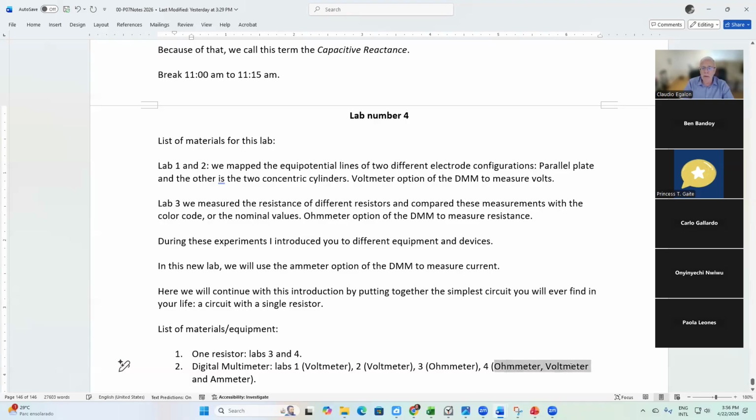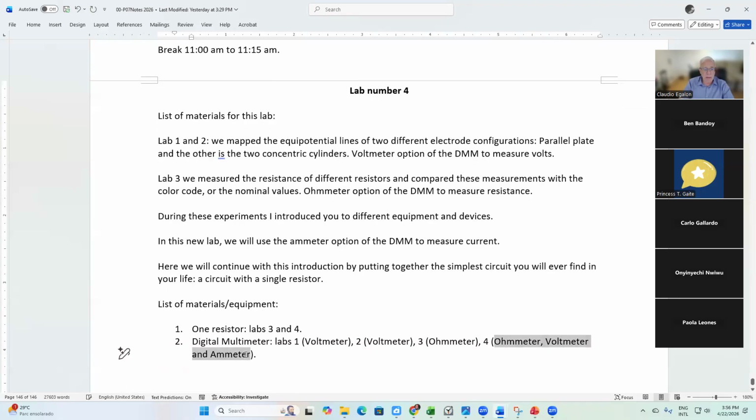We are going to use the DMM as 3 different devices, the ohmmeter, the voltmeter, and the ammeter. And you can switch, right? The dial function that we have in multimeters allows you to do exactly that, okay? Right in here, you can switch for different measurements that you do.